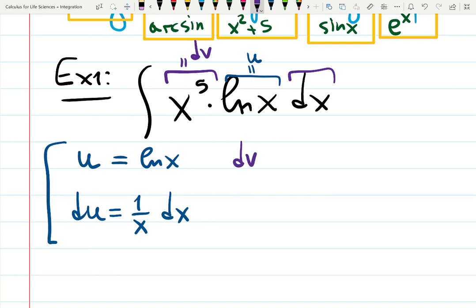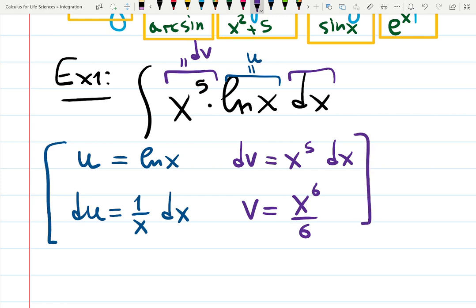You write down dv is x to the 5 dx. You integrate. v is, and that's a pretty cool idea that in the same process we differentiate and integrate at the same time, x to the 6 over 6. And we don't write plus c in integration by parts because then there's a difference happening and c minus c is 0. So we don't need that.